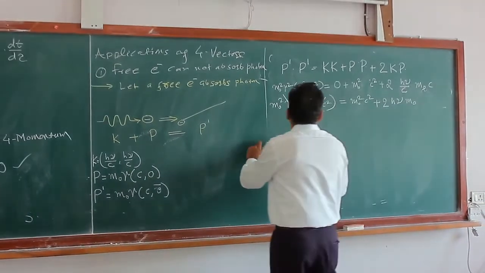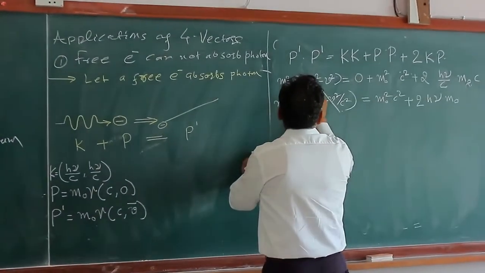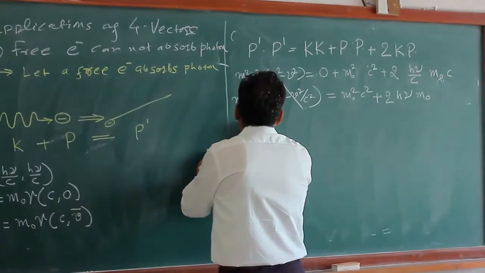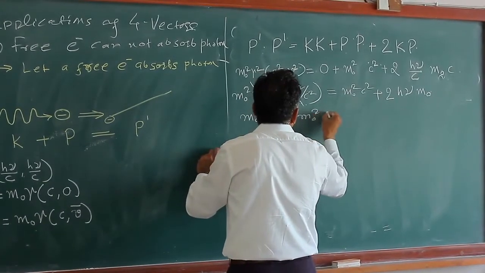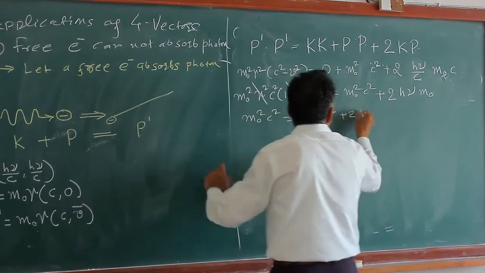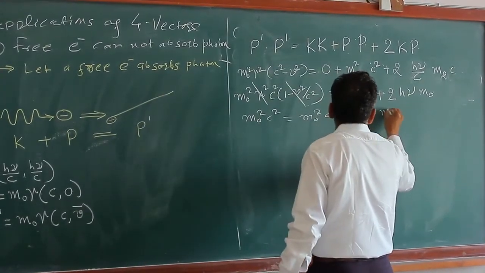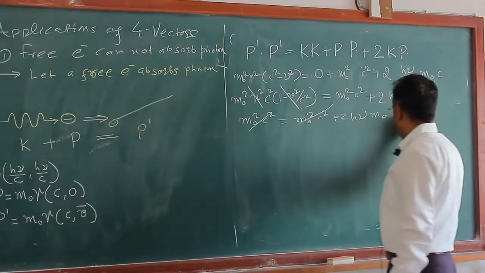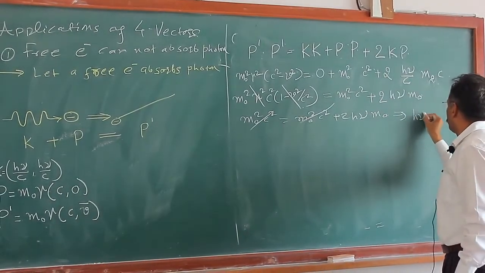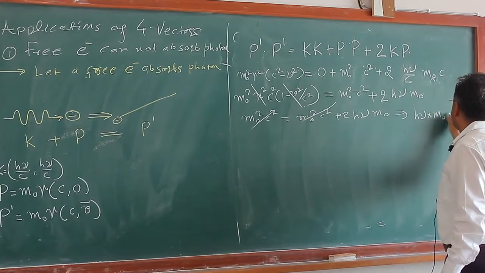So here we are left with m0 square c square equal to m0 square c square plus twice h nu m0. So this quantity is also cancelled. It means that h nu into m0 is equal to 0.